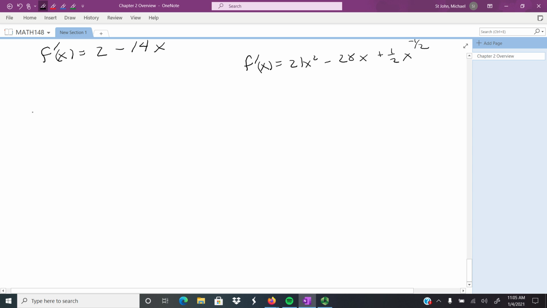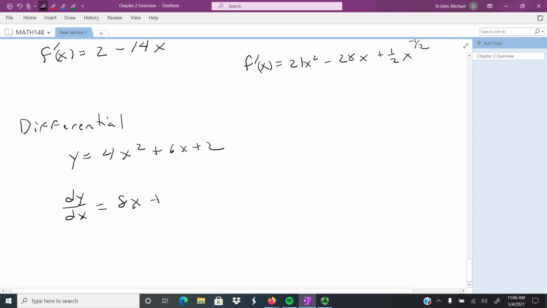And then the next thing deals with what are called differentials. So let's say y equals 4x squared plus 6x plus 2. And so my derivative dy/dx is going to equal 8x plus 6.